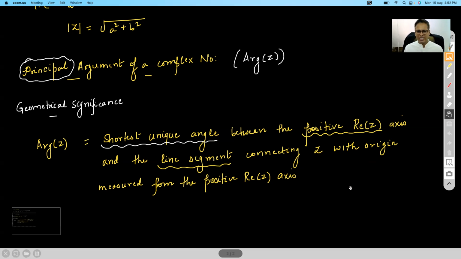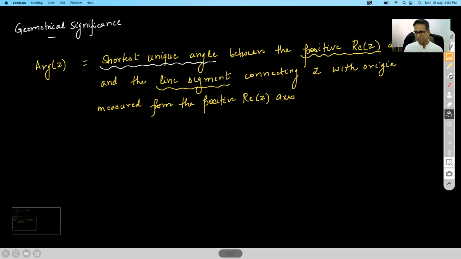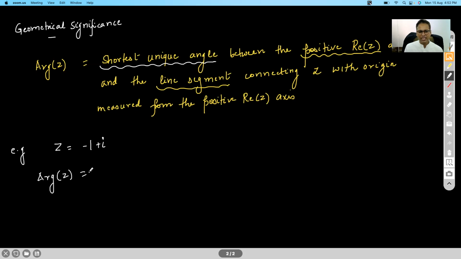Okay, let me give an example for this. Let's say I have a complex number, let's take minus 1 plus i. Now, if I ask you this question, what is the argument of Z here? So what are we going to do here?